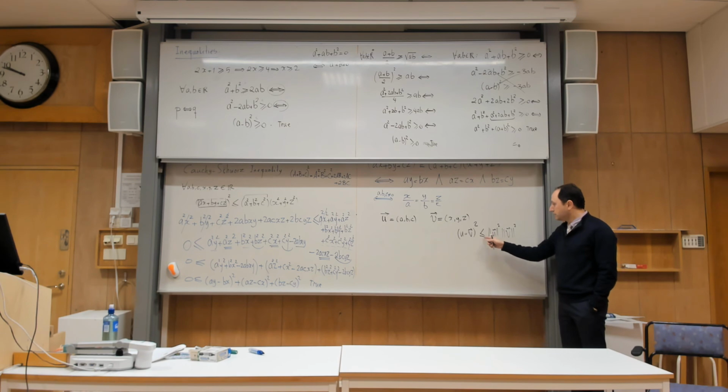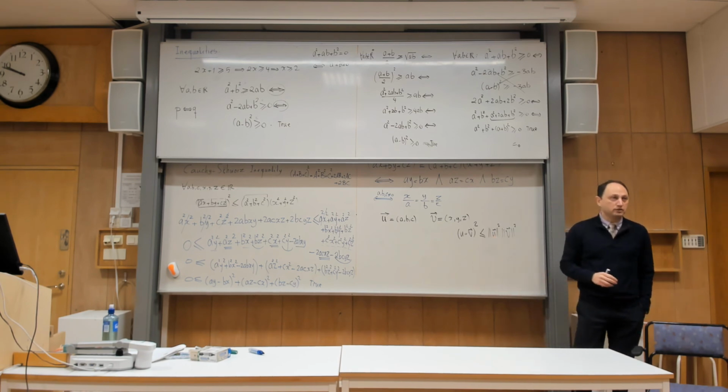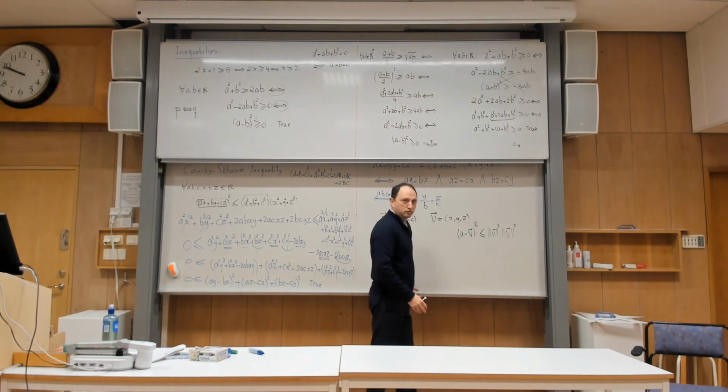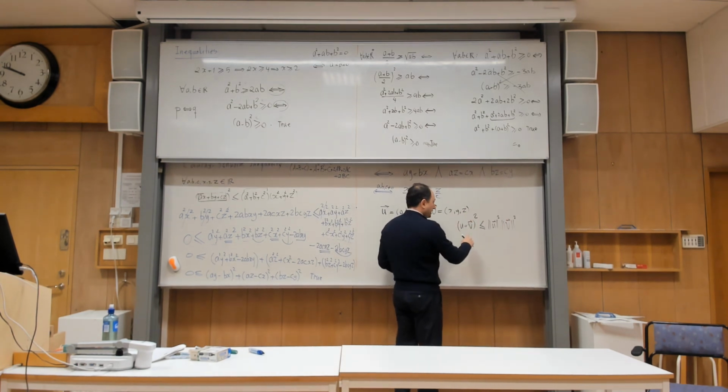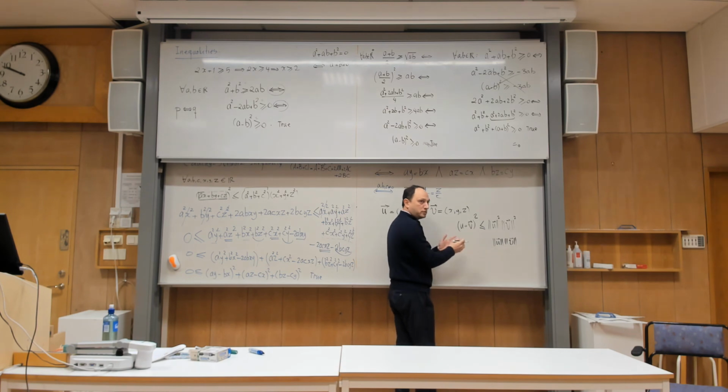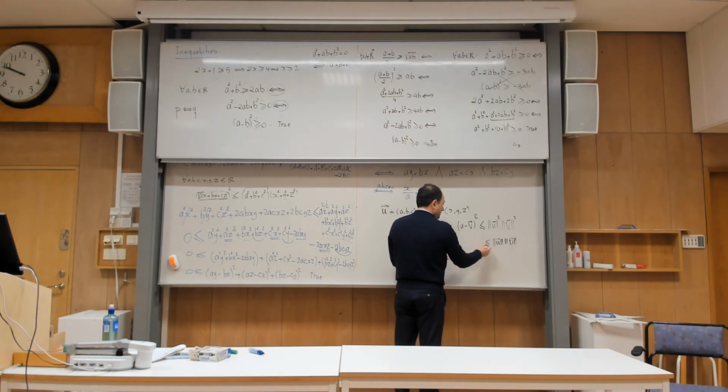But is there a guarantee that this inequality holds for vectors? By the way, let us get rid of these powers of 2 by taking the square root. When I take a square root, I don't need to be careful here because they are non-negative. But I have to be careful because U dot V might be negative. So here I have to put absolute value.